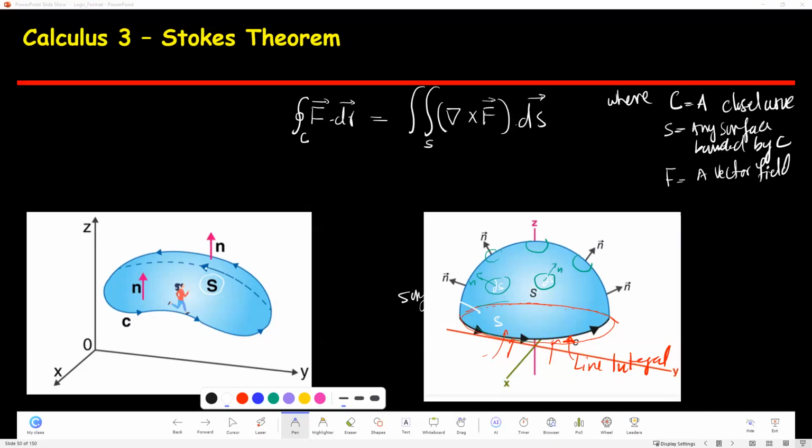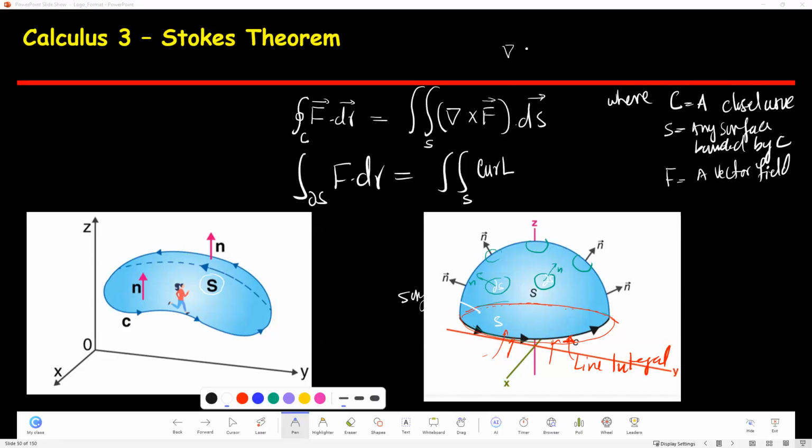All right. Now we can also write this whole thing in different books using different kinds of analogies and different symbols. So this one is also equal to the curl.